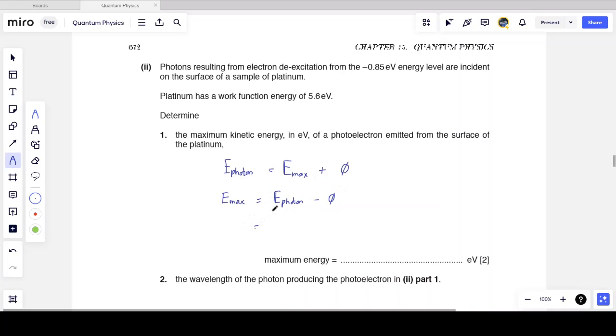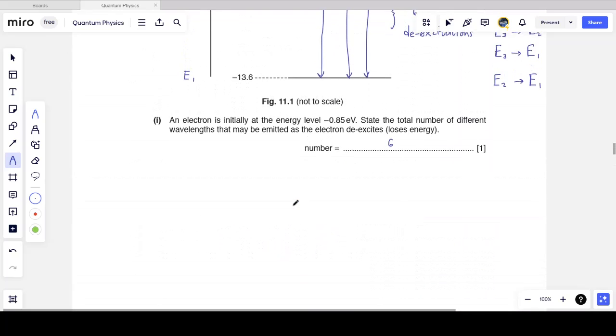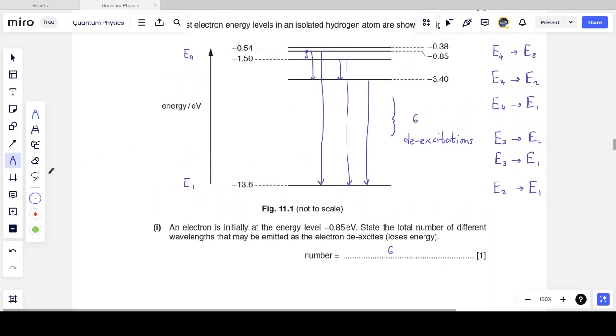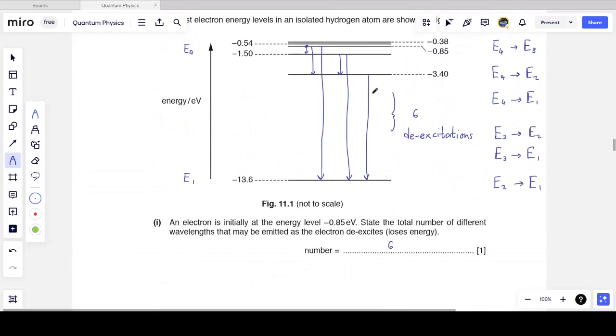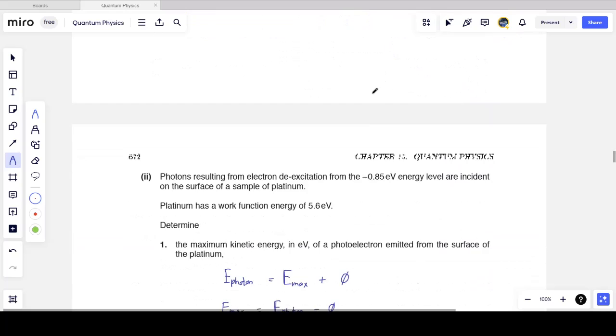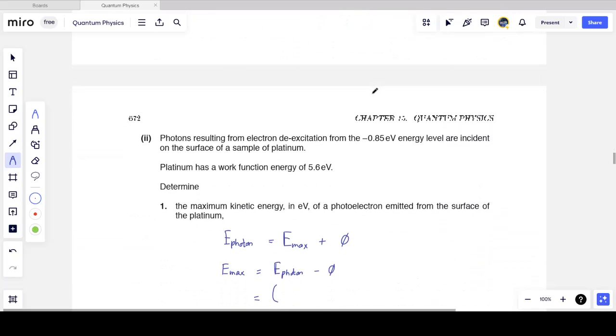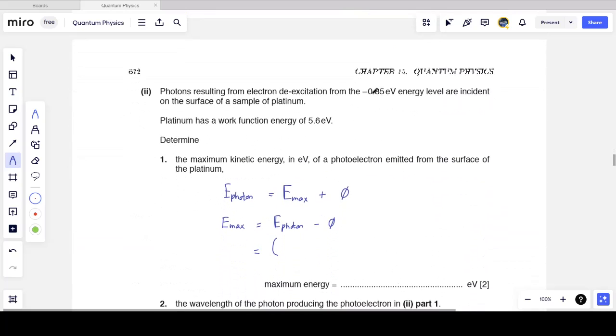But wait a minute, the energy of the photon is the photon that's released when the electron jumps from the minus 0.85 energy level to the ground state. Why am I saying ground state?